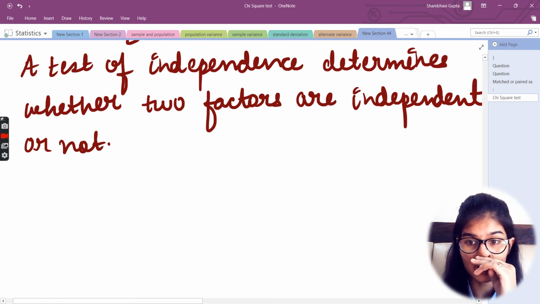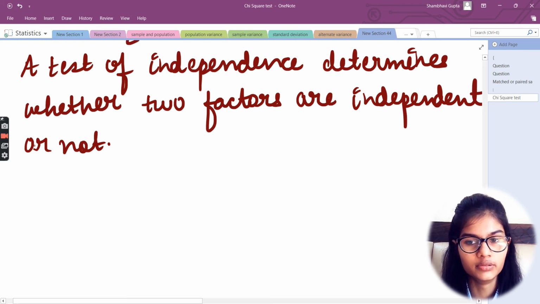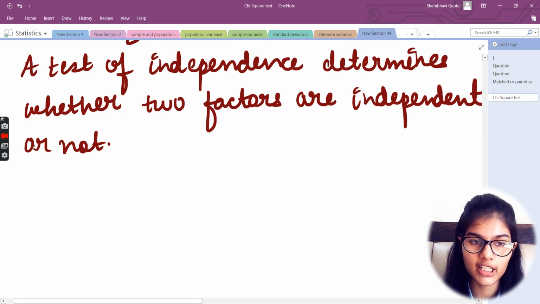So basically a test of independence defines whether two factors are independent or not. This is what kind of result we get from a test of independence. It even determines whether these two factors which we are having are independent or not, right? Next we have some more terms, some things to notice as well.